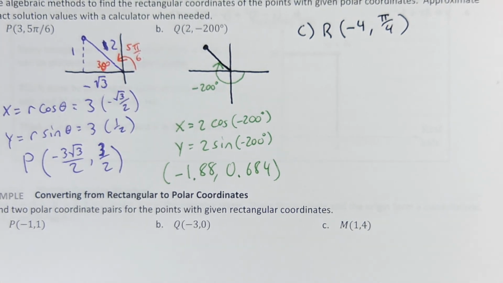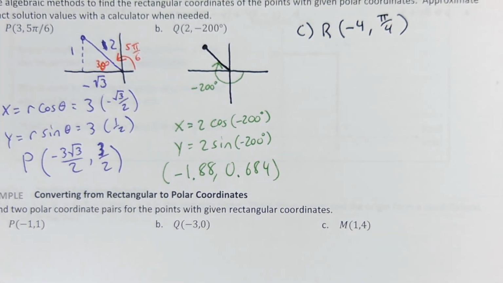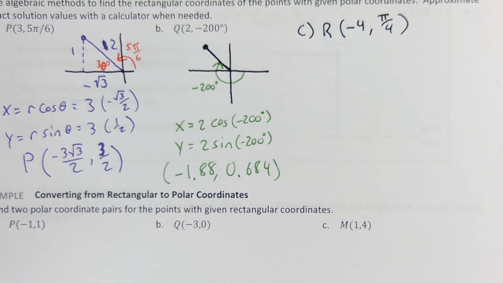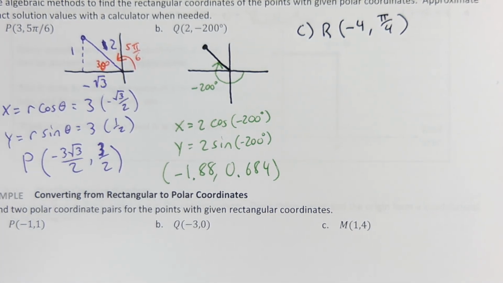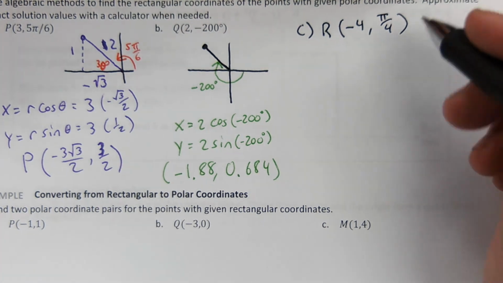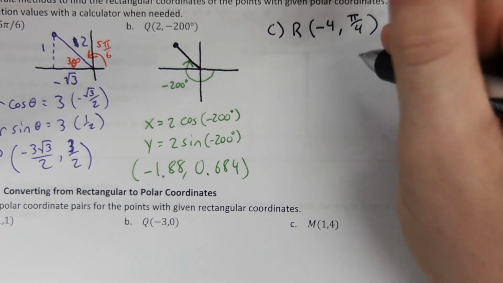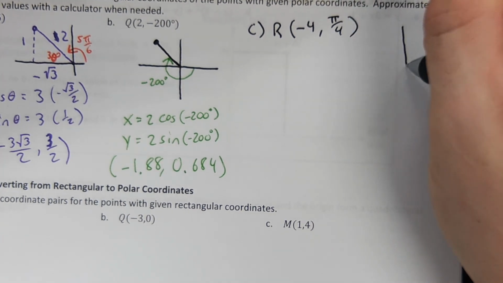So negative radius, positive theta. Positive theta, being pi over 4, wants us to be in quadrant 1. The negative radius tells us to reflect out of quadrant 1 into quadrant 3. But pi over 4s are my special angles. Can we agree to that? One person said yes.